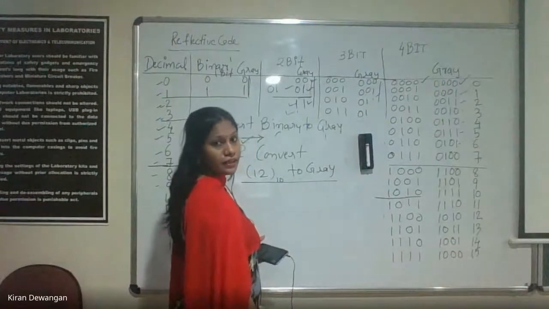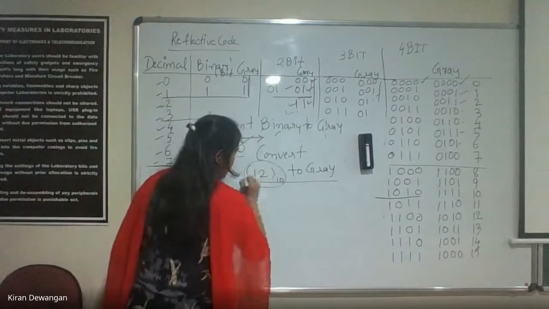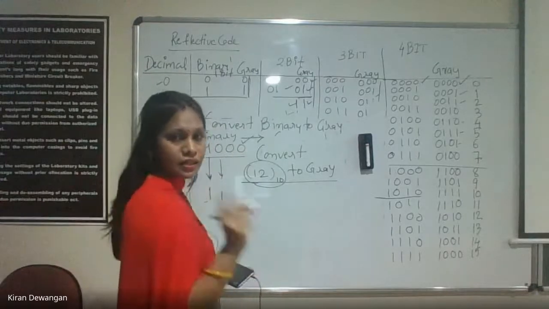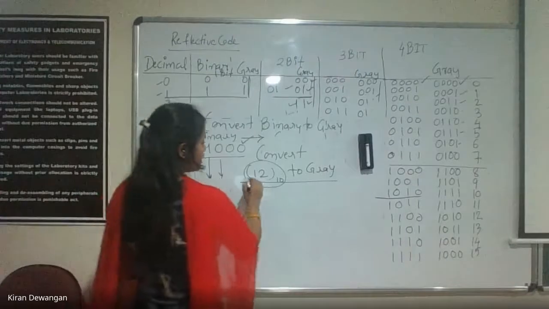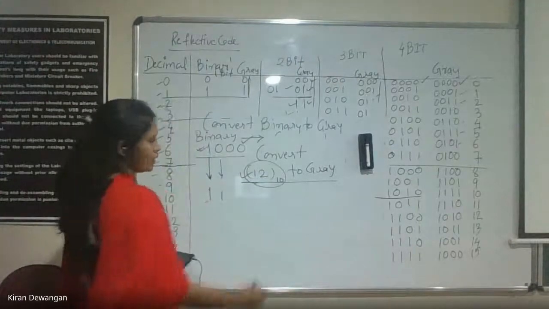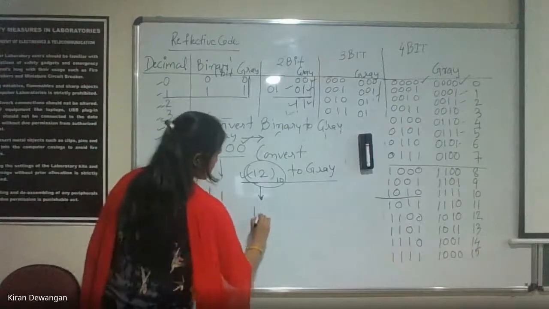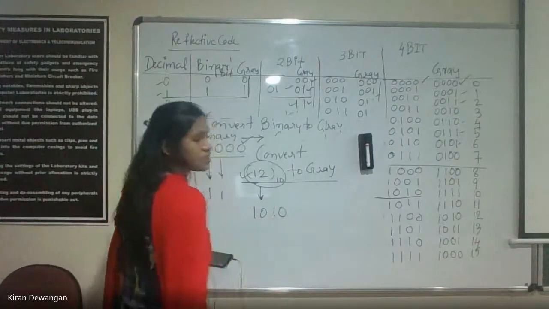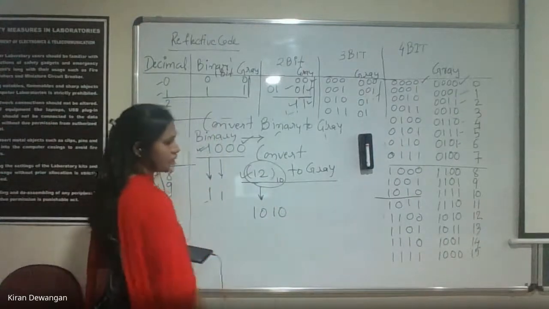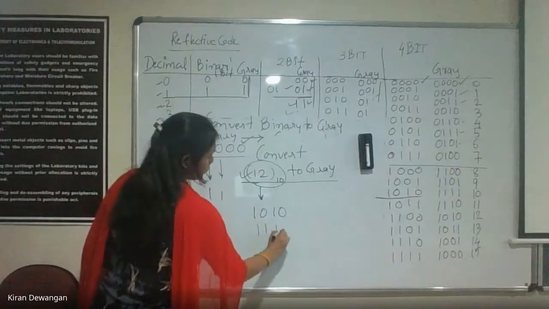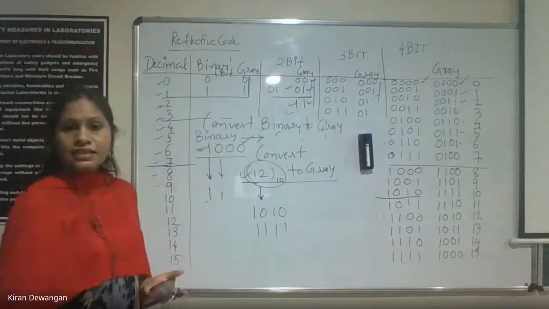How will we convert? This decimal number needs to be converted to binary first. Correct. You need to convert it to binary. We know the binary of 12. Binary of 12 is 1 1 0 0. Now we can easily convert this to gray, and we did it just now. It was 1 0 1 0. That's it.